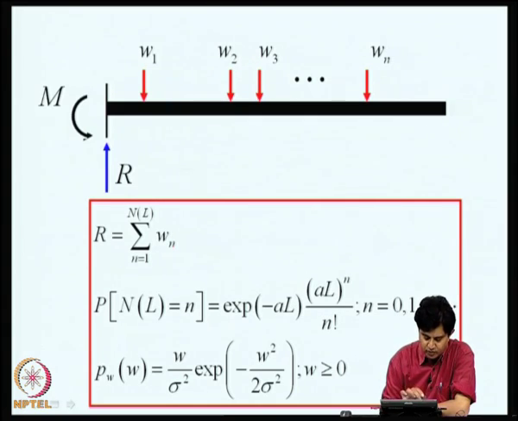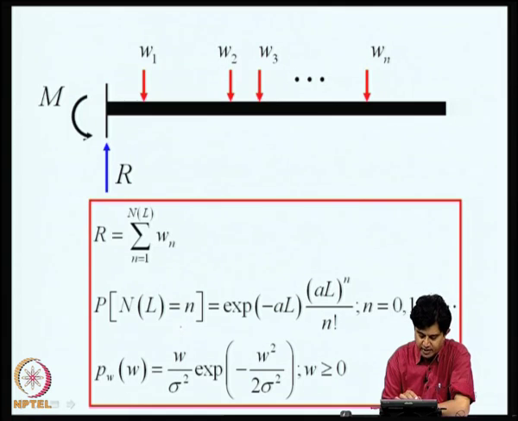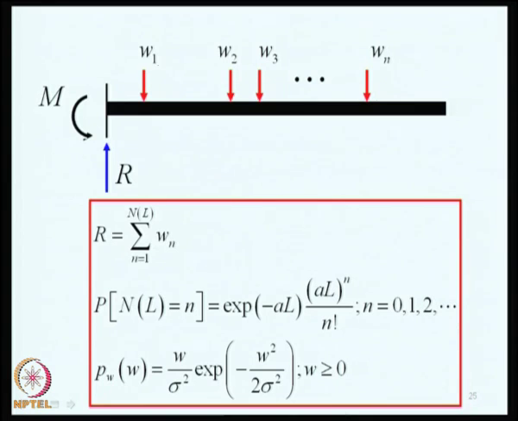So, we are required to find the probability distribution of N. What we are given is that N of L is Poisson, therefore, the probability of N of L equal to n is e raised to minus alpha L, alpha L to the power of n divided by n factorial, and W1, W2, W3 etc. form an IID sequence with a common density function pW of w, and that is Rayleigh.